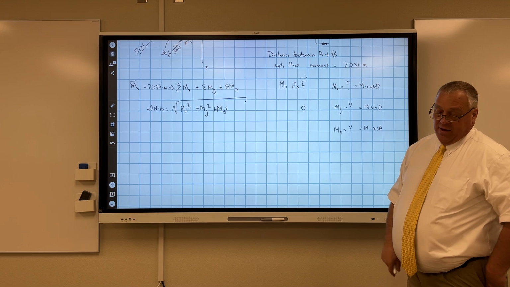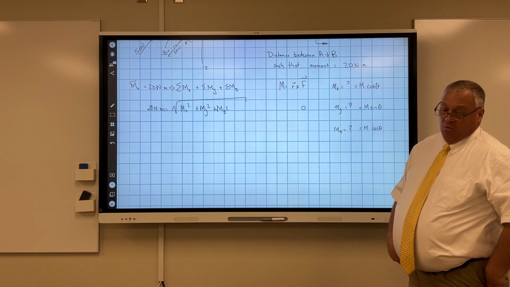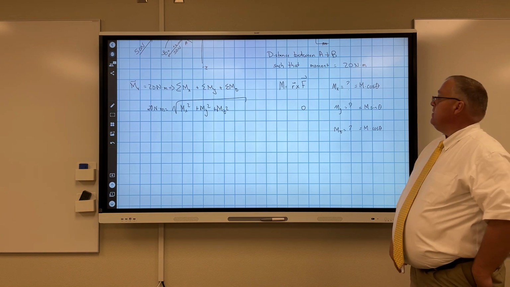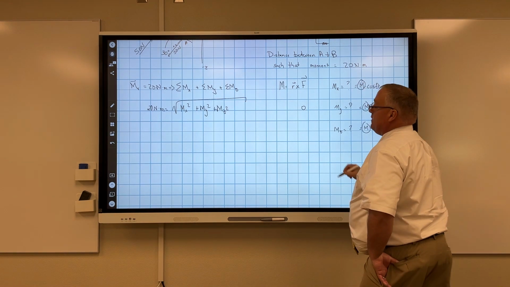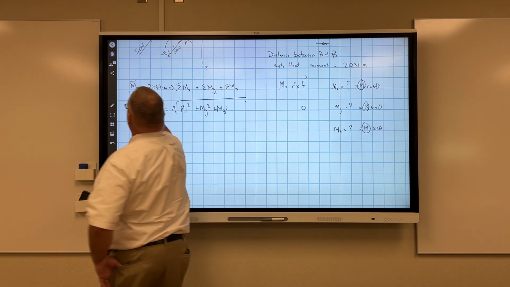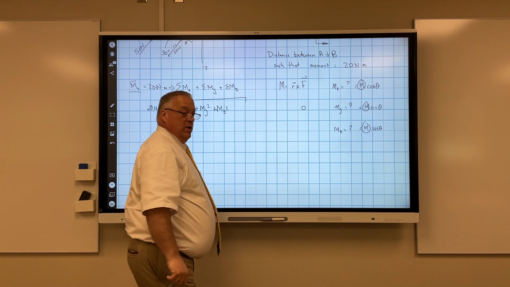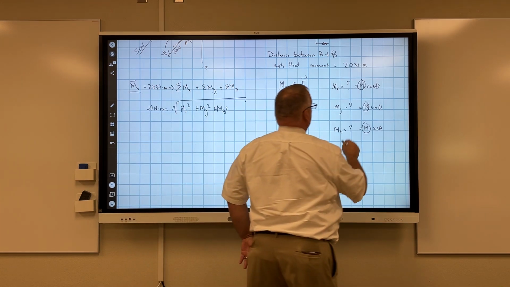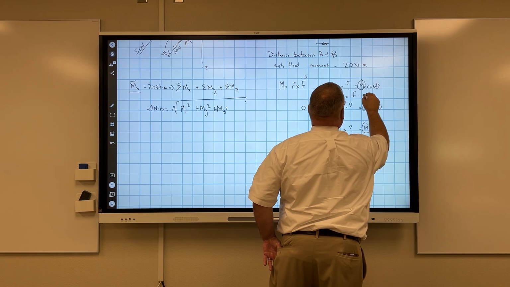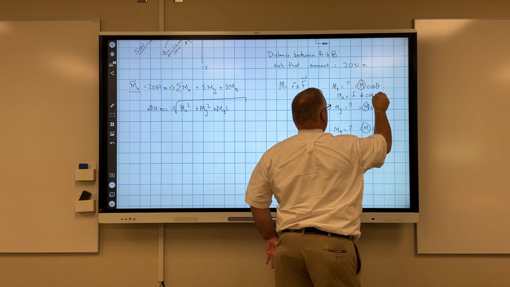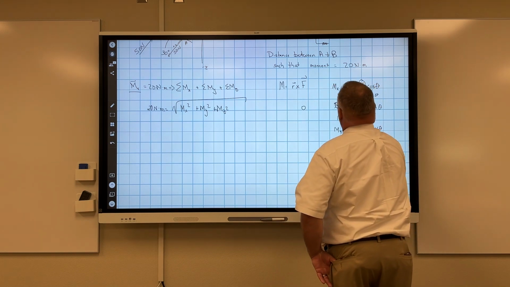But with a couple, what do we have to do? We have to find this, and we cannot just plug in this value here. So we need to look at it in an expanded form, so that Mx is equal to the force times the distance times the cosine of our angle.